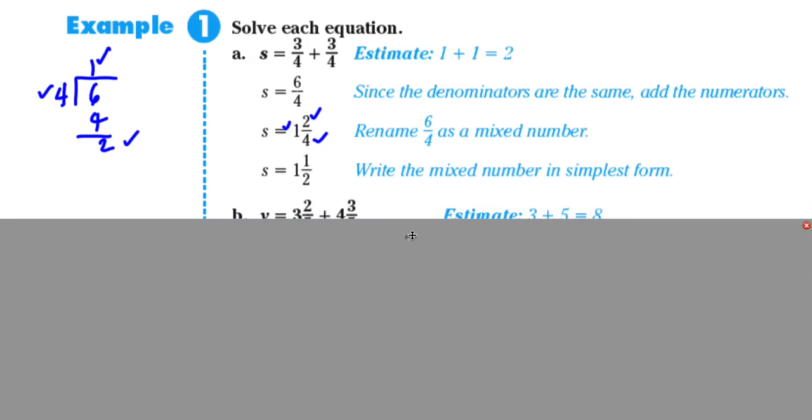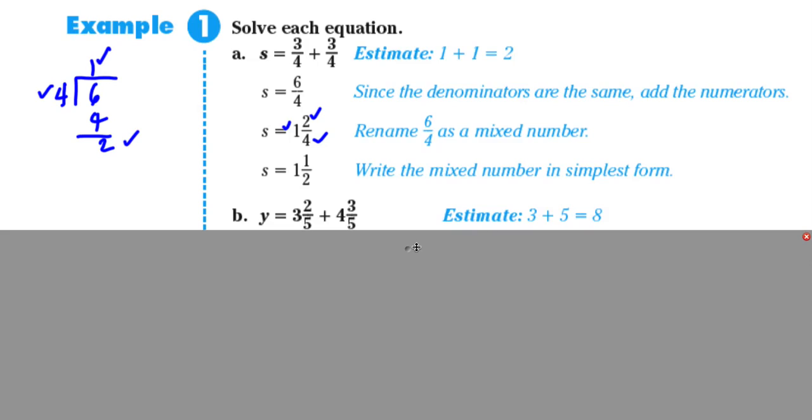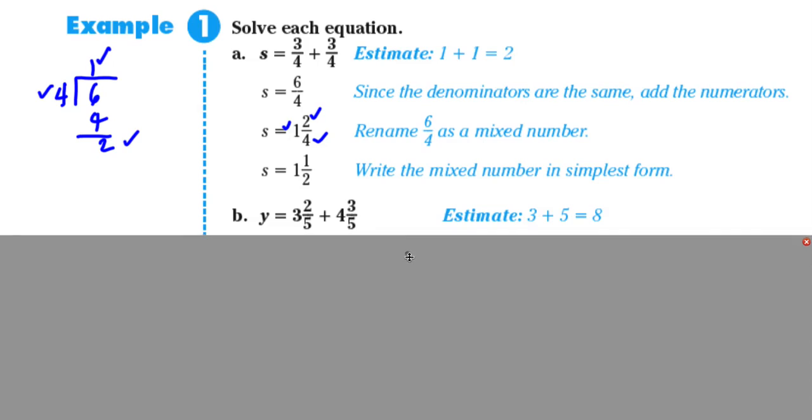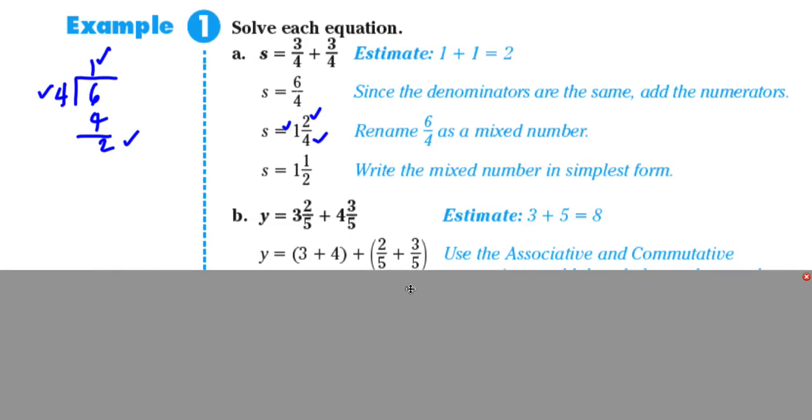Let's take a look at letter B. y equals 3 and 2/5 plus 4 and 3/5. Using the rules for estimating, 3 and 2/5 rounds to 3, and 4 and 3/5 rounds to 5. So our estimate should be close to 8.